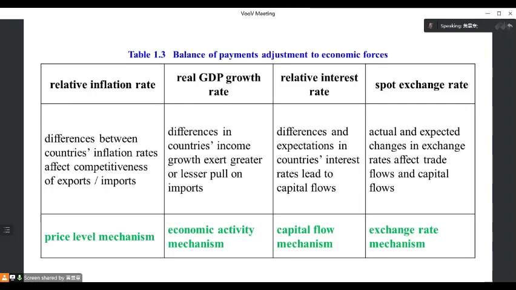When a country's interest rate increases, and another country's interest rate is constant, it means country A's interest rate relatively increases, which will make capital flow from country B to country A. This item, relative interest rate, we can also say as the capital flow mechanism.